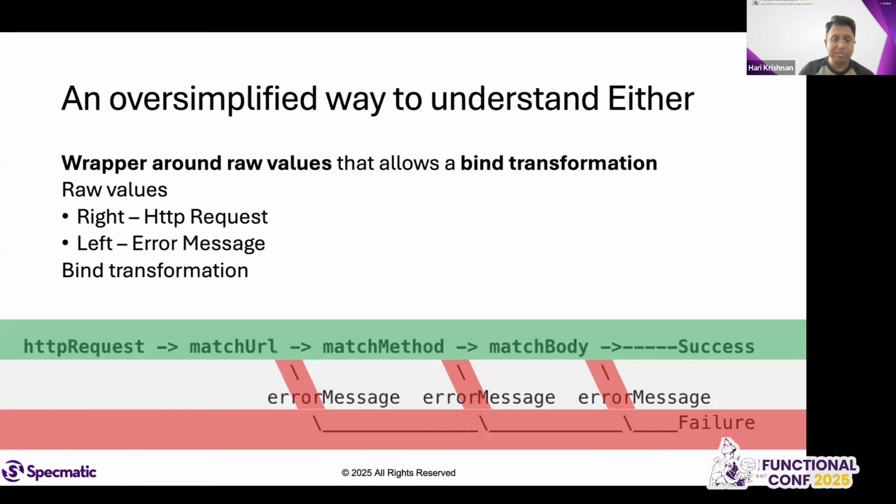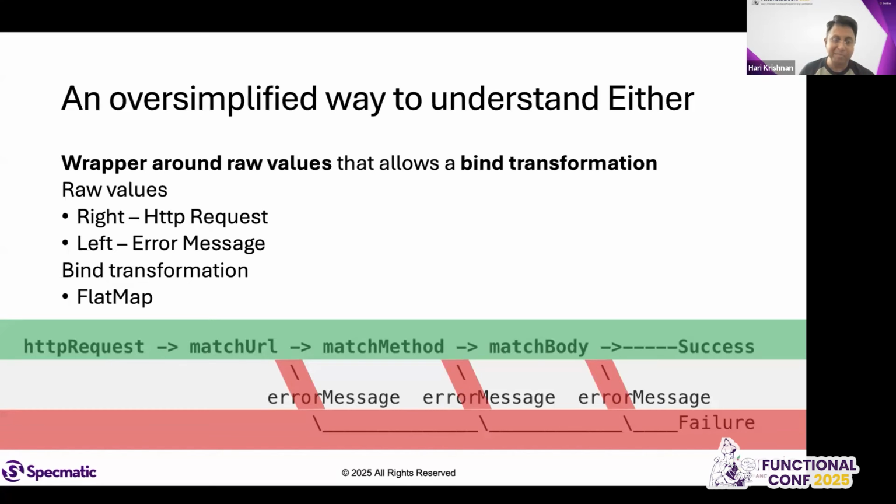And there's a bind transformation which we need. The bind transformation is a flat map, right? Again, I'll get into the detail of the flat map. But basically what we're trying to say is I need a wrapper around the raw values because there are two raw values and it's an either or condition. Let's pick the either monad here. Either monad is a sum type. Again, if you go into ADT, we could do a longer session there.